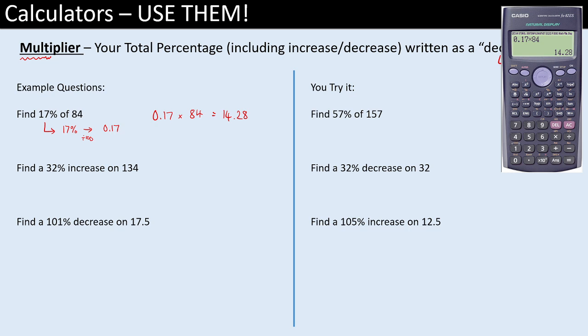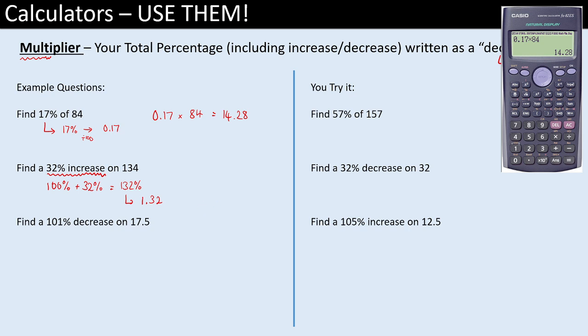So the second one: find a 32% increase on 134. The thing I've got to realize is it's not just 32% anymore. It's a 32% increase, which means that I've started with my original amount, or 100%, and I've added on 32%, which is 132%, which as a multiplier is going to be 1.32.